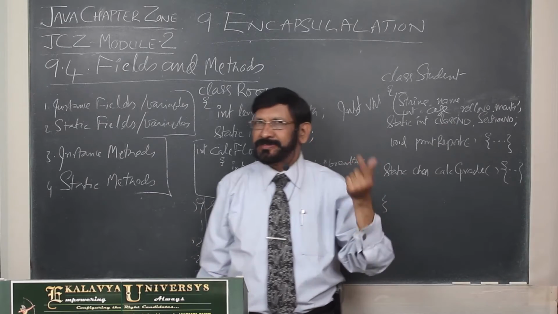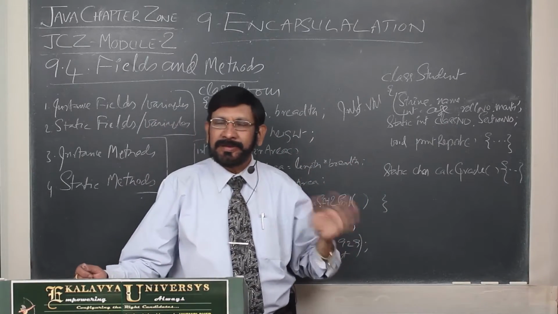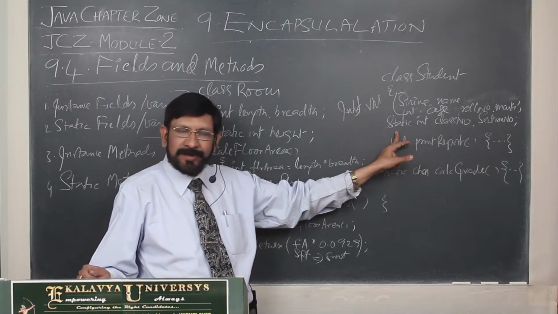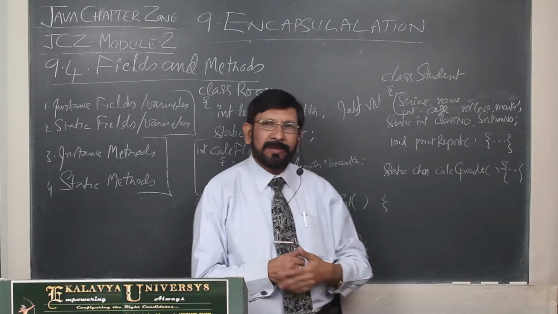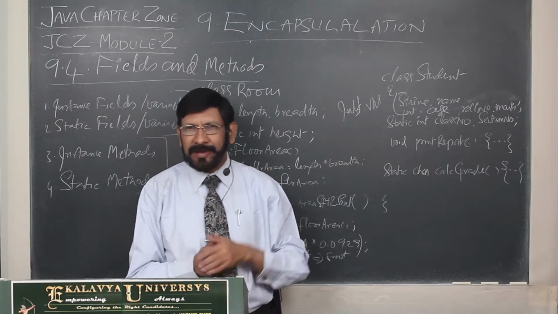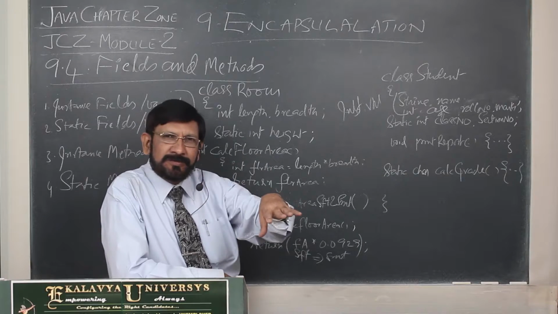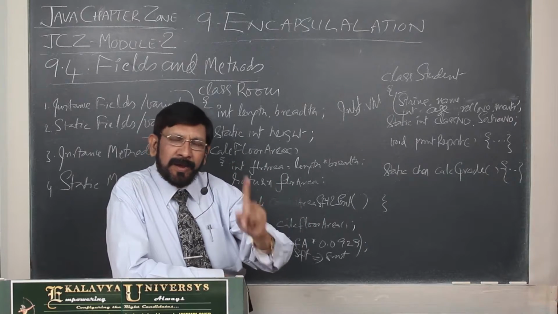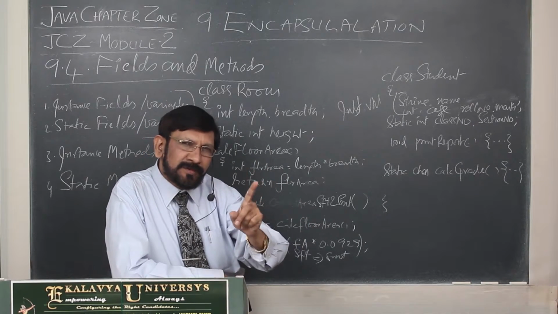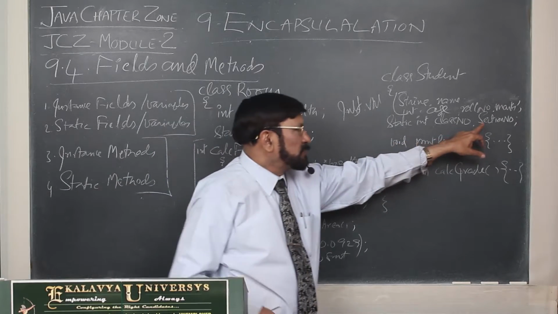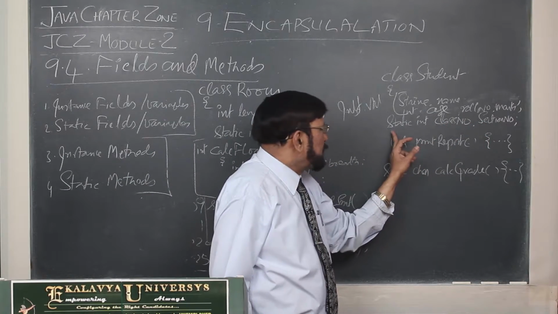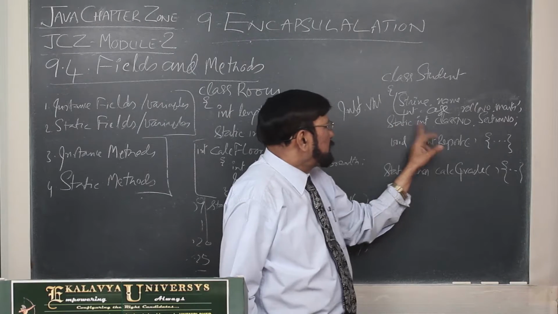What we call global data in C, here there is no global data; instead of that, static, which is common for all. What about section number? All 60 students belong to 10th class A section, so the section is the same. That's why static.